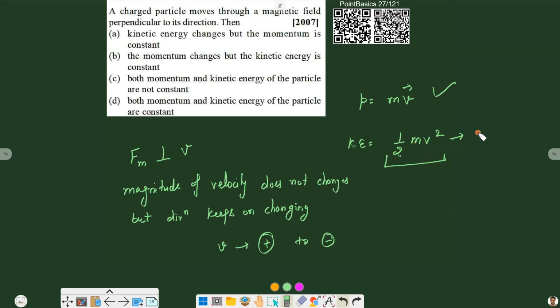So kinetic energy will stay constant, as the magnitude of velocity is constant when a magnetic force is acting on it. But as direction is changing, momentum can take either positive or negative values. So that's why momentum will change. So momentum changes, but kinetic energy is constant. Option B will be the right answer.